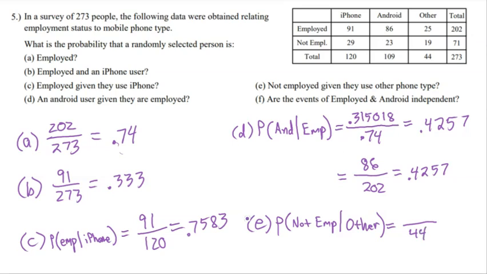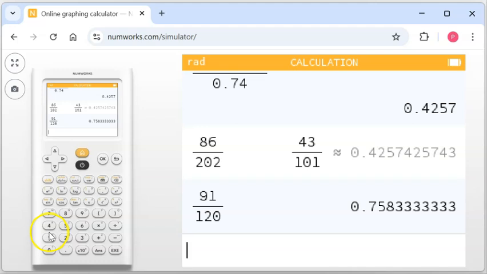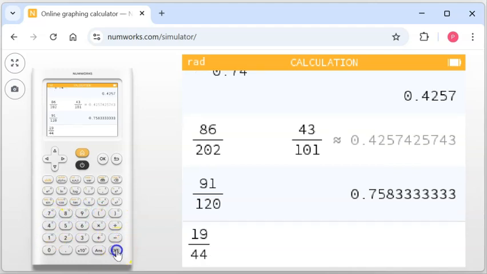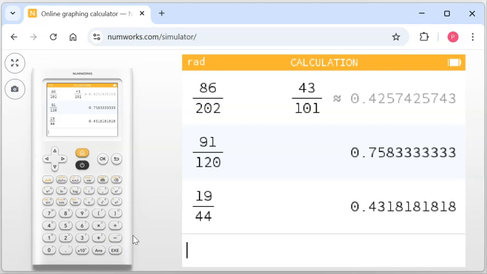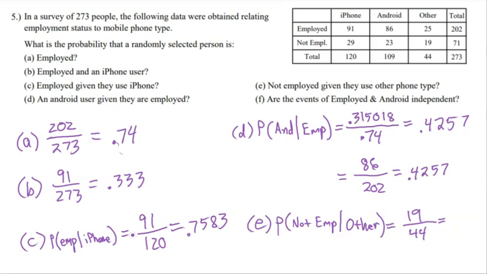In the numerator, we're going to do the crossover of not employed and other, which is 19. So 19 divided by 44 gives us 0.4318 or 0.432. I'm going to put 0.4318, but you could also put 0.432.